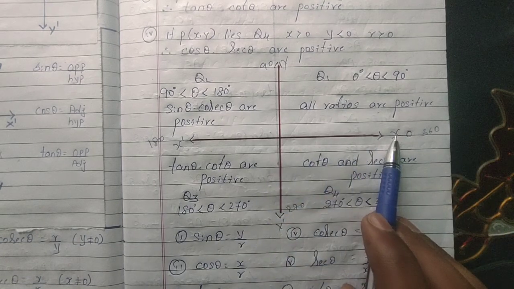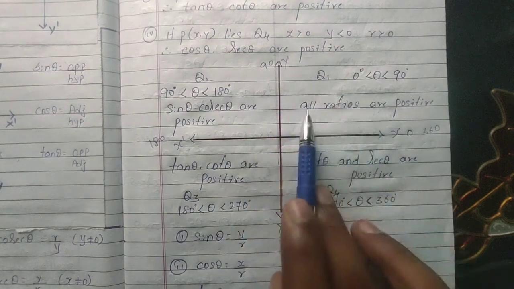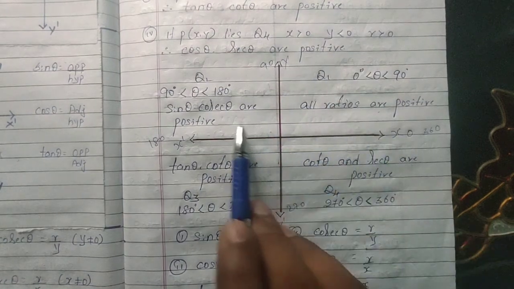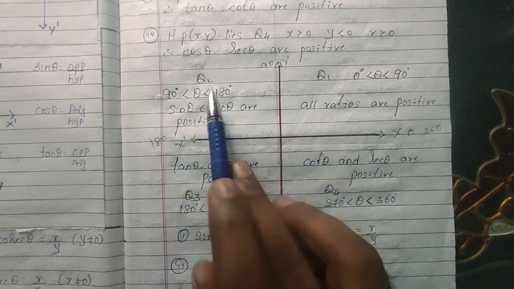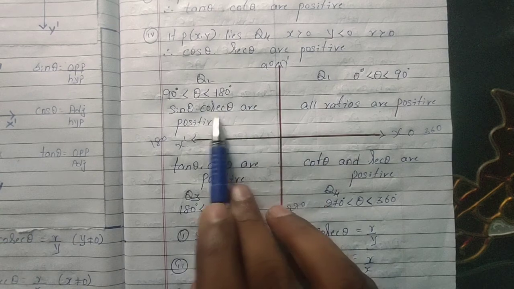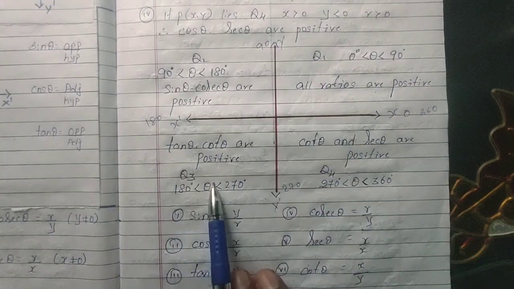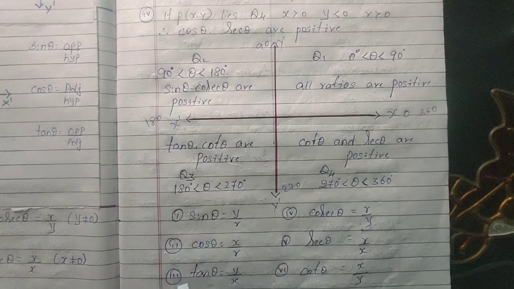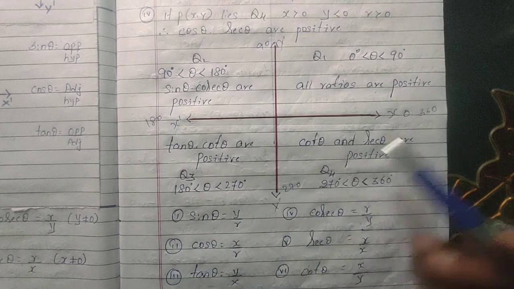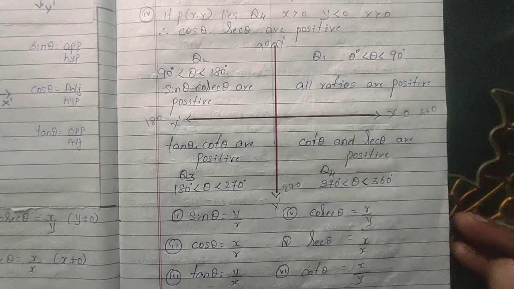If theta is more than 0 and less than 90, all the ratios are positive. If theta is more than 90 and less than 180, only sin theta and cosecant theta are positive. Suppose theta is more than 180 and less than 270, tan and cot are positive. Suppose theta is more than 270 and less than 360, cos and secant are positive.